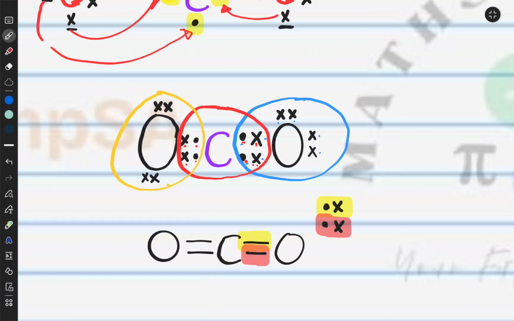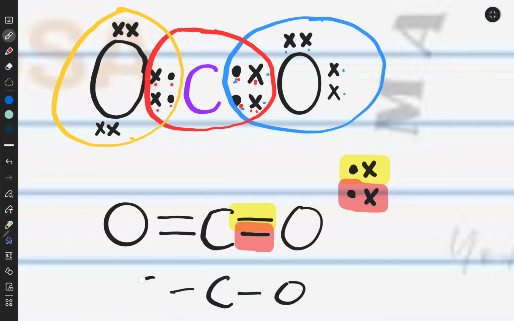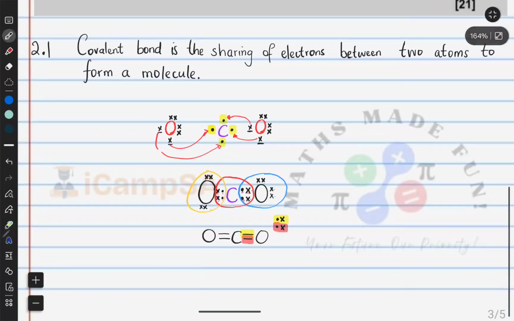Okay, so since it's a double bond, it means this bond is stronger than if, let's say, it was something like this, right? Double bonds, triple bonds, and so on are stronger than single bonds. Okay, all right, so that's just a quick refresher on covalent bonding.